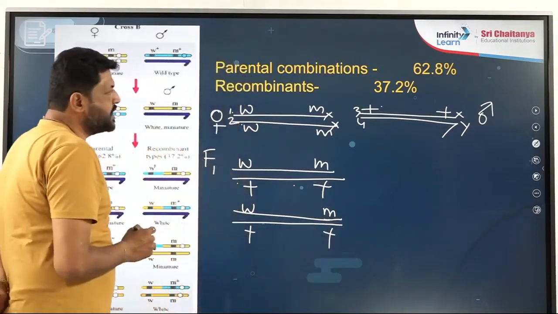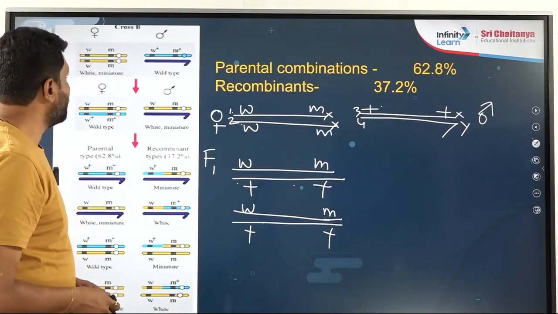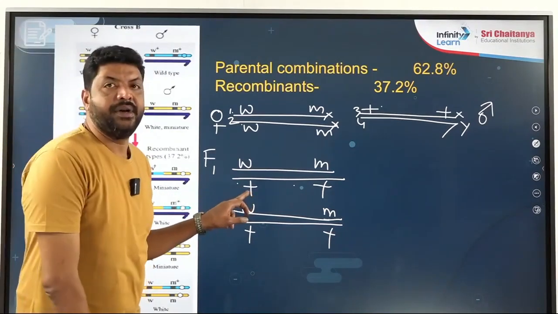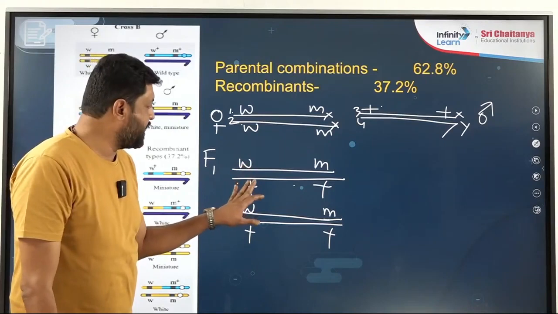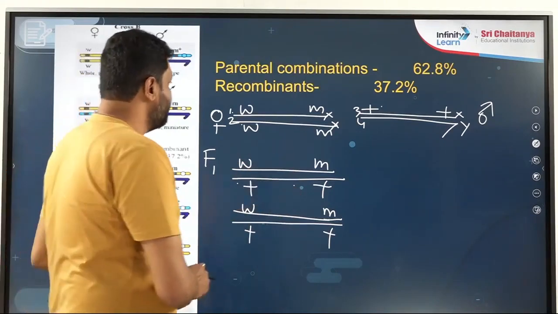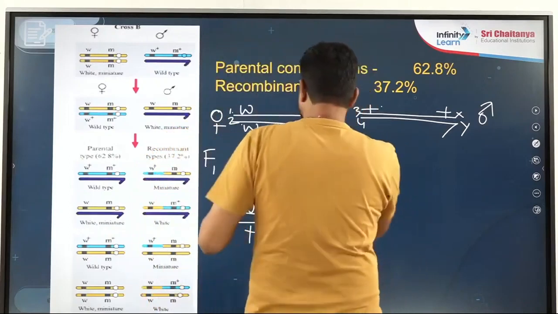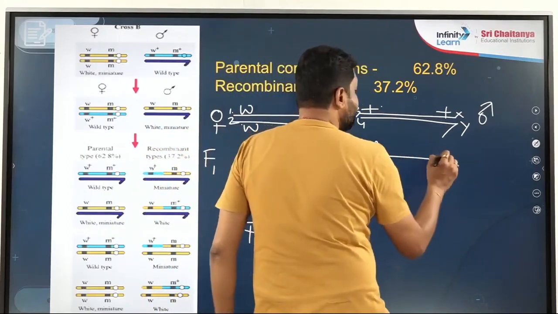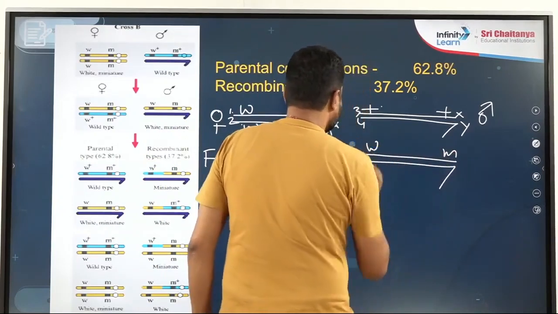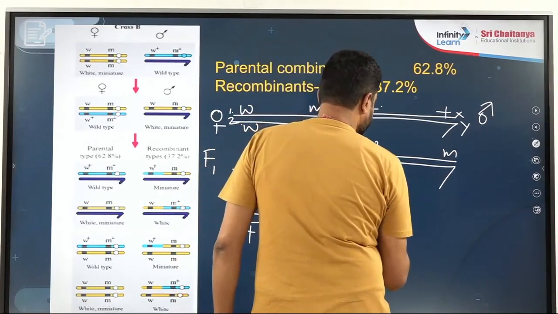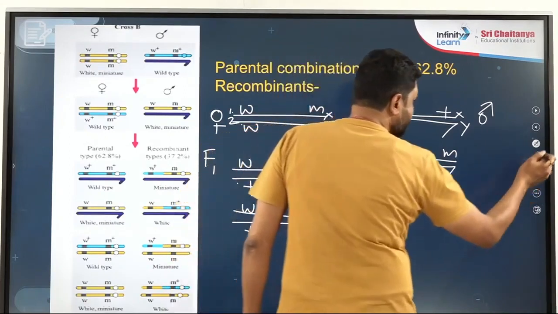In the presence of a dominant plus, it will become normal. This is wild. And coming to this side, I am taking this X, white miniature, and this is Y. And the second, white miniature. One example is enough.